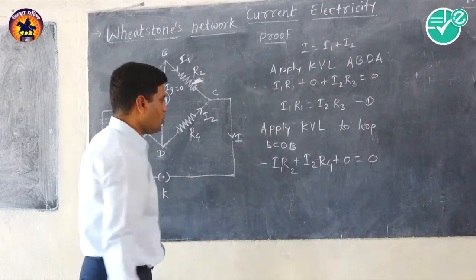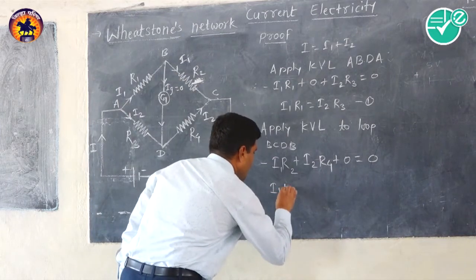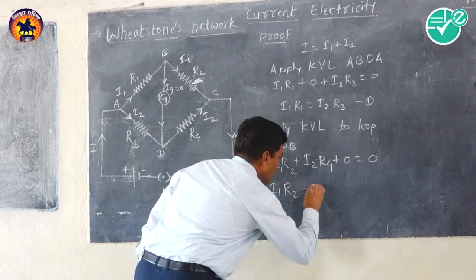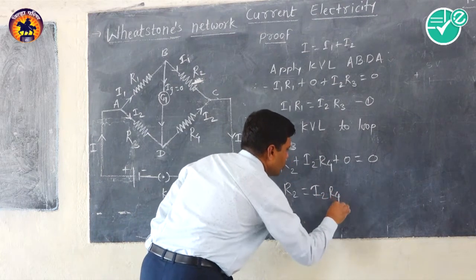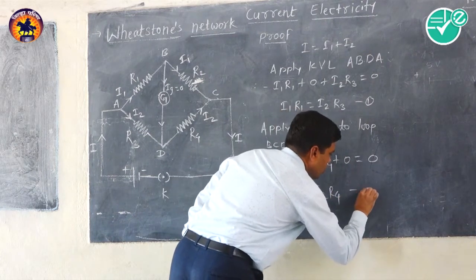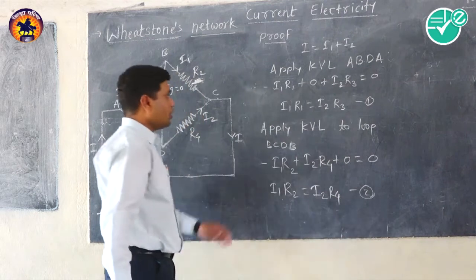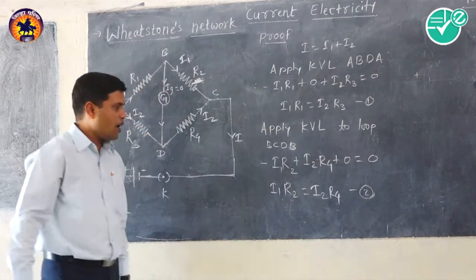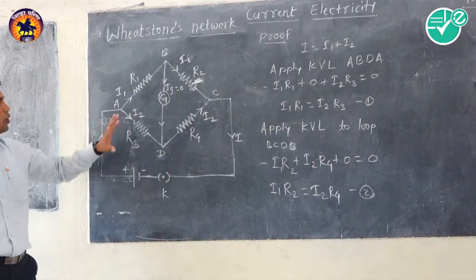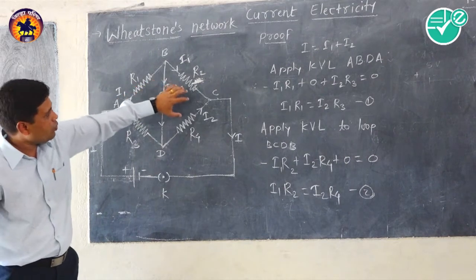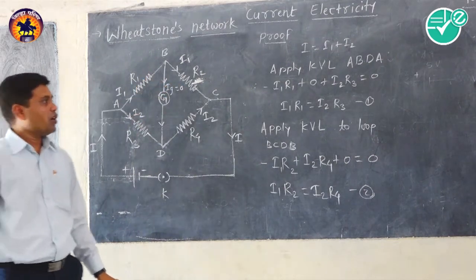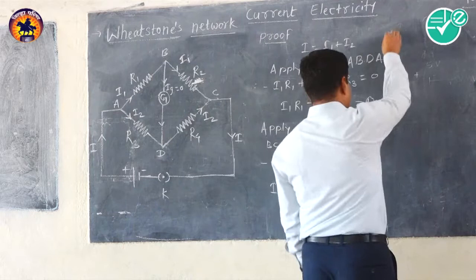So from this equation, we get I1 R2 is equal to I2 R4. This is equation number 2. These equations 1 and 2 I have got after applying Kirchhoff's voltage law to the first loop and to the second loop.